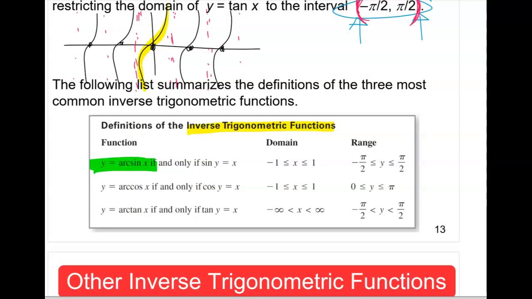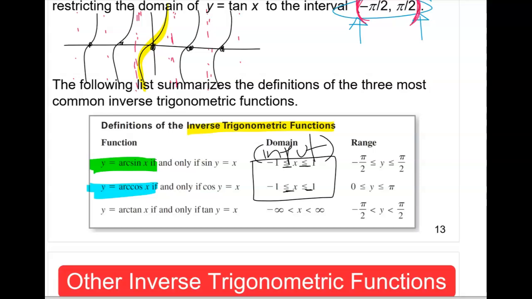For those, our domain, the input, will be restricted to -1 to 1, including them. That's why you have that equal below the less than or greater than symbols. The same will go for the arccosine, or cosine inverse.